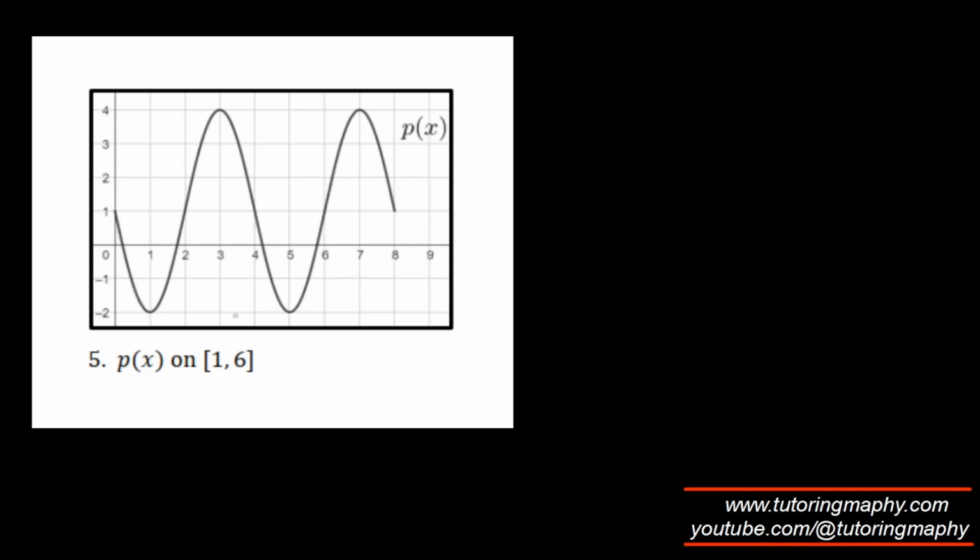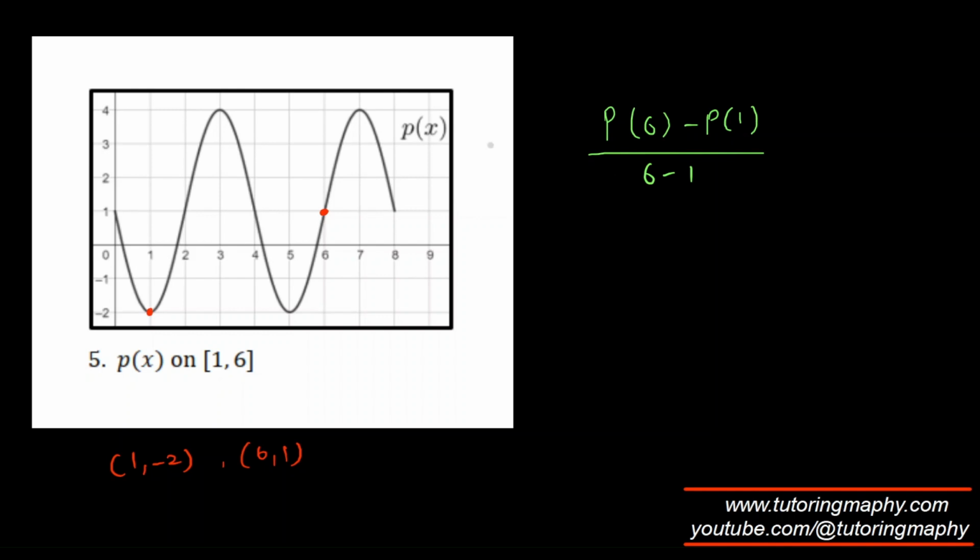Right, that was a graph-based question. We have to find the AROC between 1 and 6. Let's locate the coordinates first. 1 is right over here, so 1 comma negative 2 is a point. And 6 is right here, so 6 comma 1 is another point. Again, it's just AROC. It's just P of 6 minus P of 1 over 6 minus 1, right?